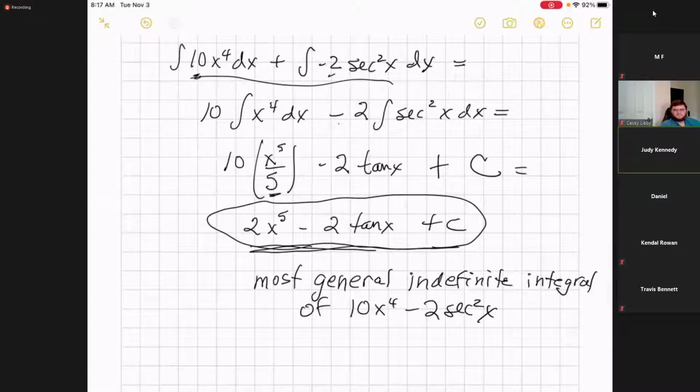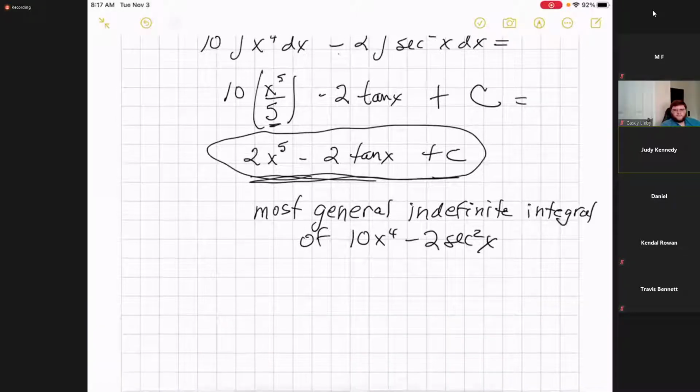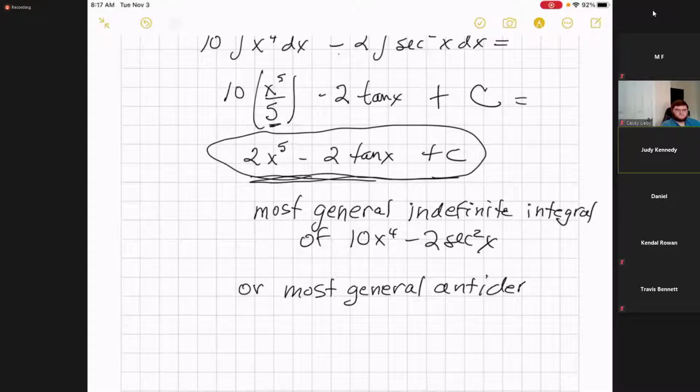And it's also the most general antiderivative. Okay, it's both of those things. Antiderivative, like the derivative. Okay, I didn't spell that right. Derivative. Okay.